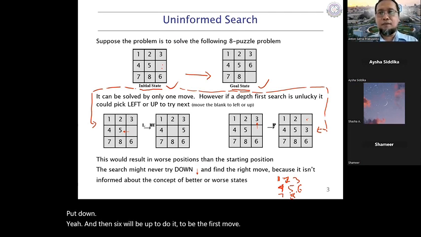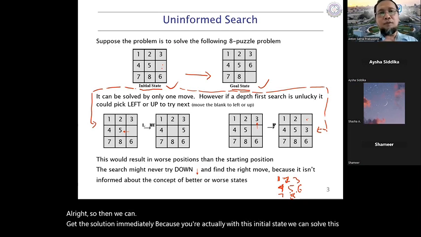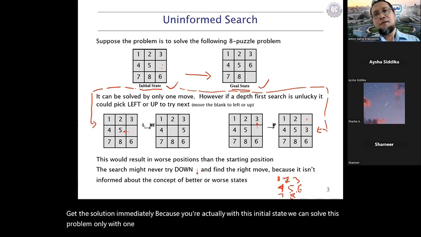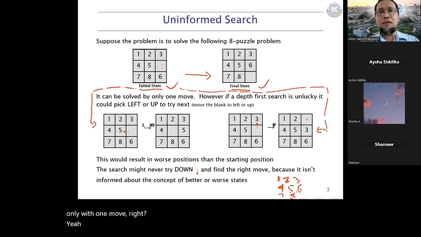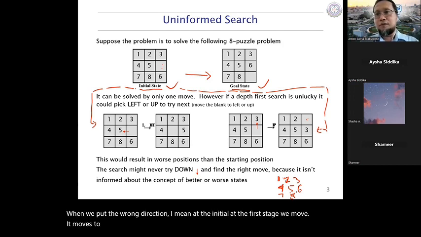All right, so then we can get the solution immediately, because with this initial state, we can solve this problem with only one move. But by using uninformed search, maybe we go in the wrong direction at the first stage. It moves in a different or wrong direction.